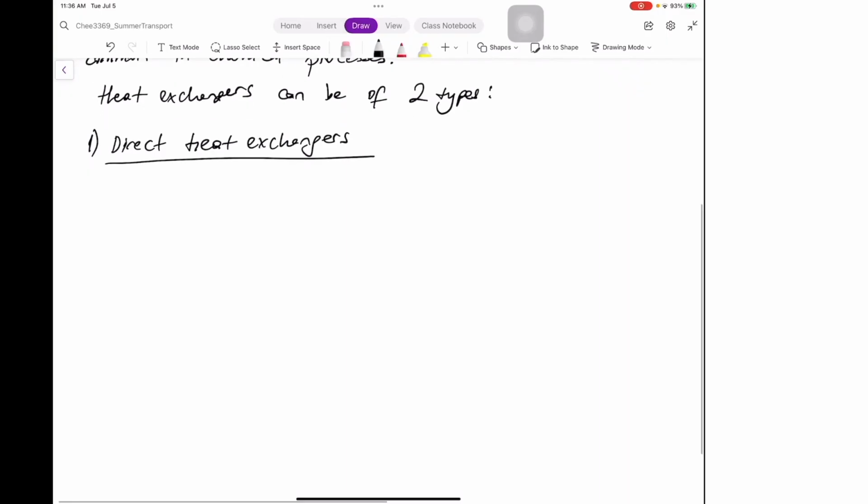And the direct heat exchangers involve direct contact between two fluids.